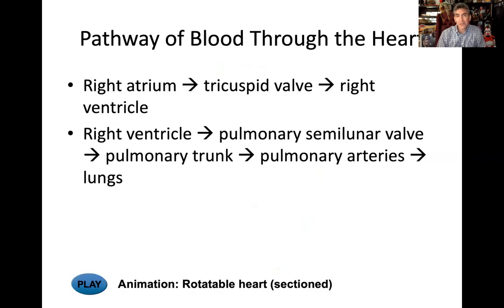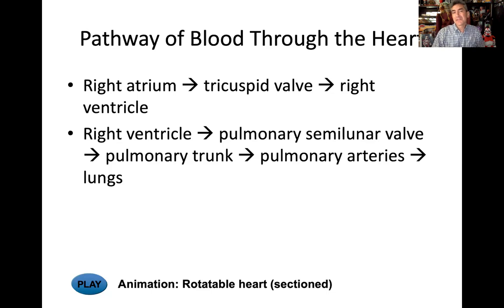Now, I will need for you to know some detail, right? In the path, at least the major vessels in which the blood will travel, right? So again, this is a very sequential type of process. It's a circuit. We can start anywhere in the heart, anywhere in the system, and it would arrive back at that same spot.